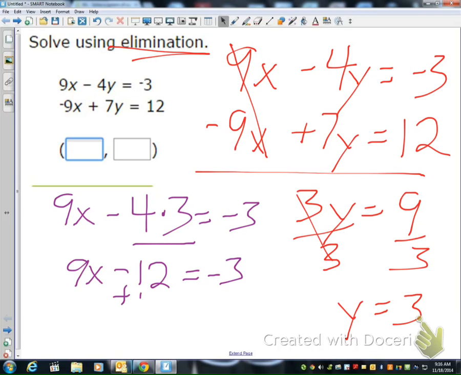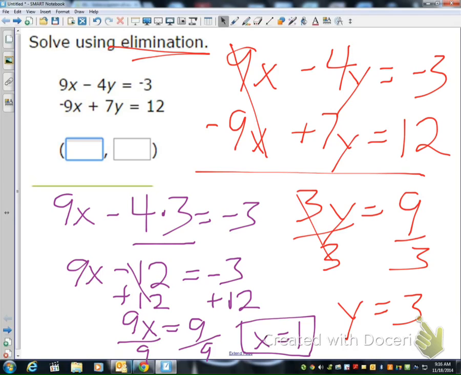Then I need to add 12 on both sides, so I get 9x equals 9. And if I divide by 9, I get x equals 1. So my solution is x is 1, y is 3.